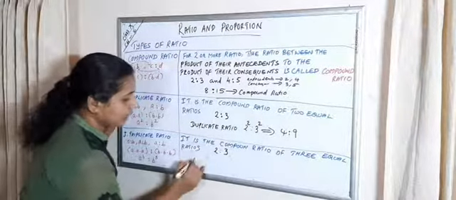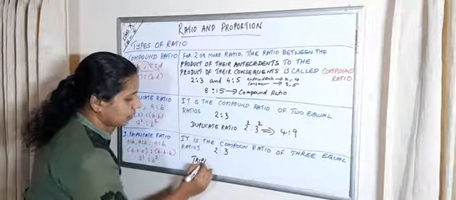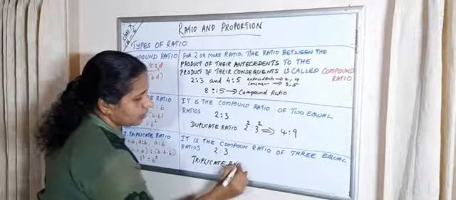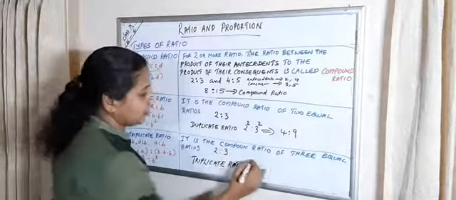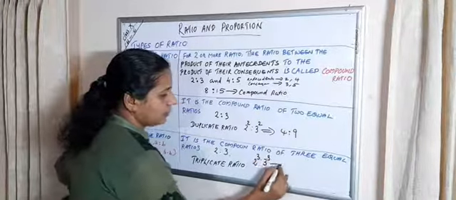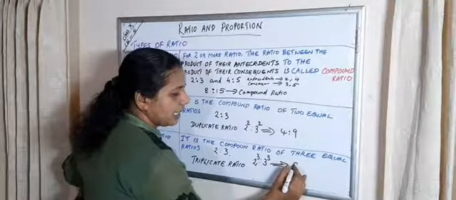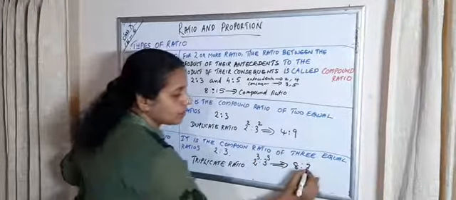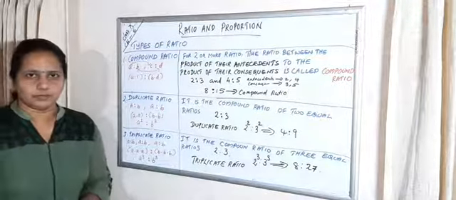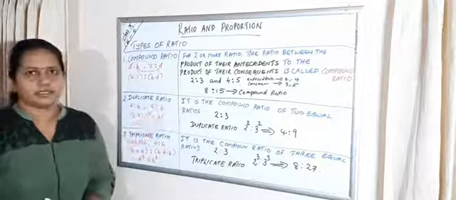Then the triplicate ratio of 2 is to 3 is the cube of the given ratio, 2 cube is to 3 cube, which implies 8 is to 27. This is the triplicate ratio. Clear? Okay, take your notebook and write this.